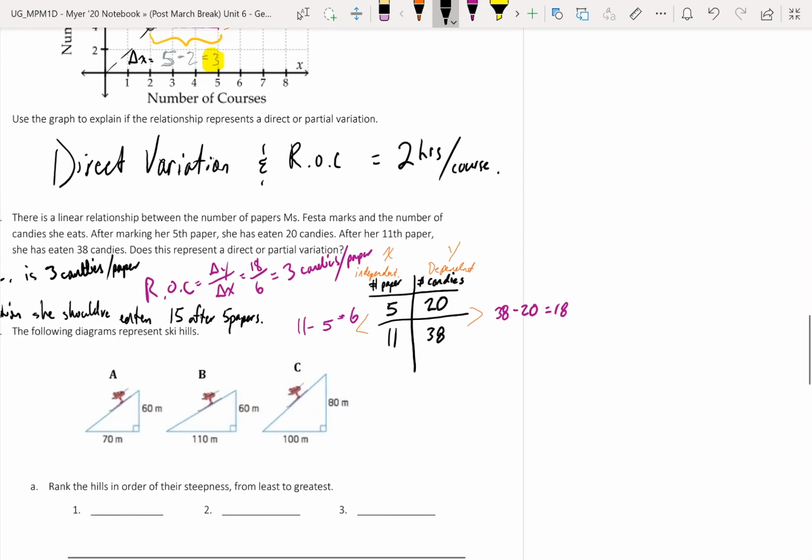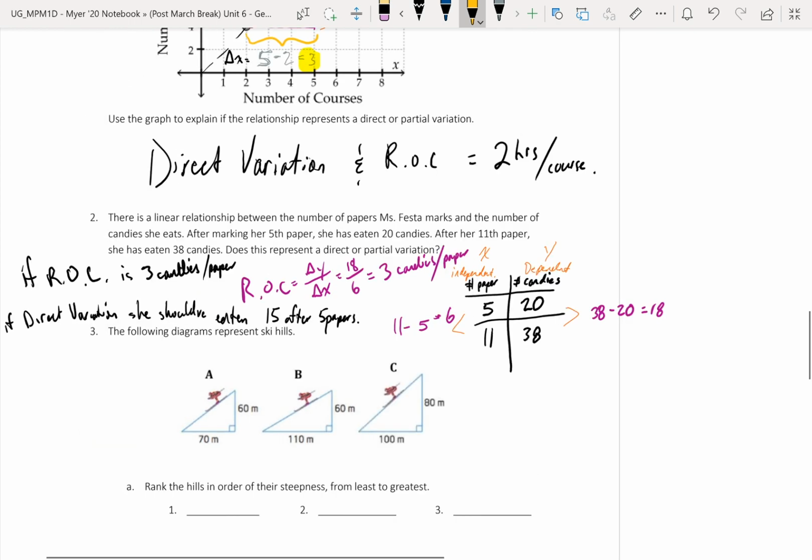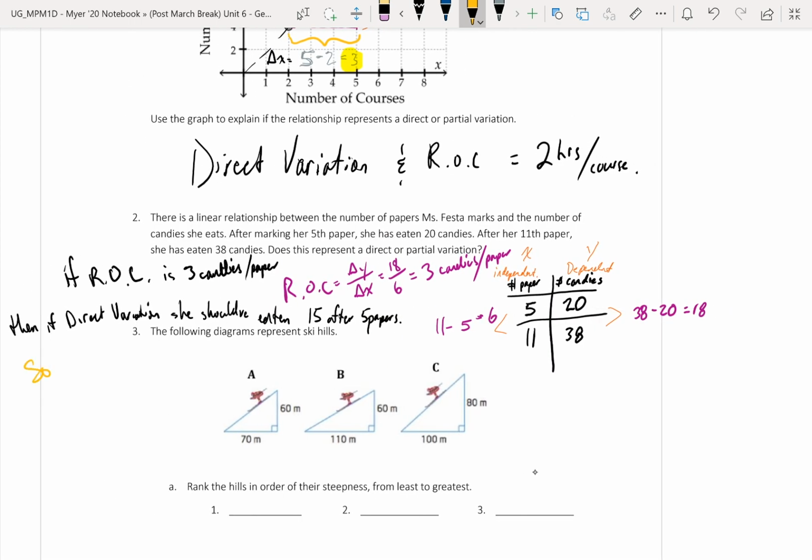But she didn't, because she likes candy too much. So she obviously started eating candy before she started marking the papers.